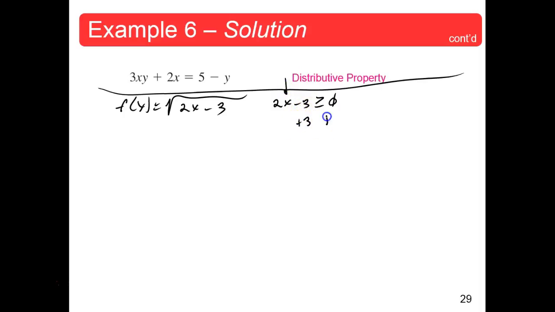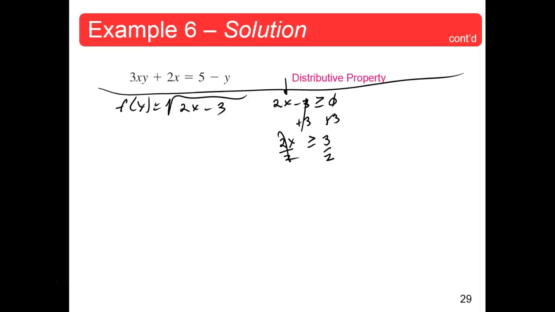Add 3 to both sides. And that gives us 2x is greater than or equal to 3. Divide by 2. And we have x is greater than or equal to 1 1/2, 3/2. Okay?